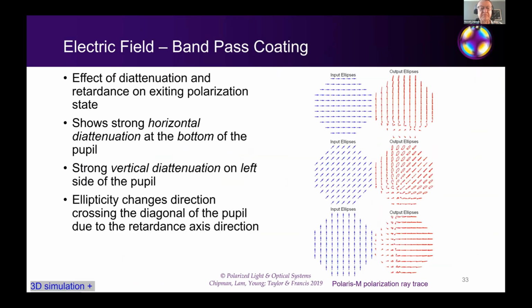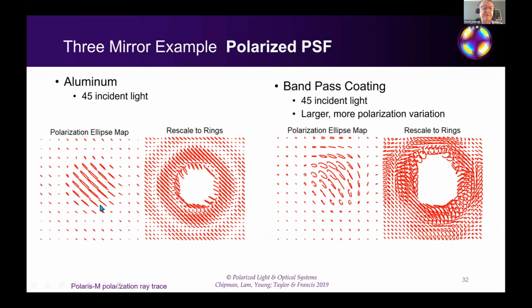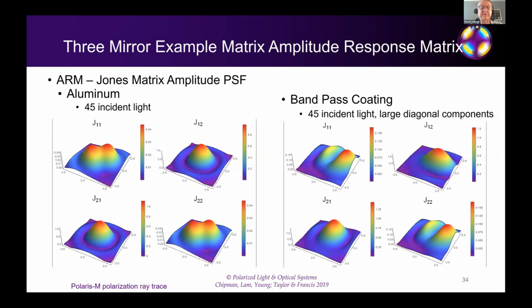So this showed the point spread function for a single polarization state, 45 degrees, but it's well known that the point spread function itself can be written as a Jones matrix. And that Jones matrix we call the amplitude response matrix. So like we have an amplitude point spread function and an intensity point spread function, which is usually just called the PSF.